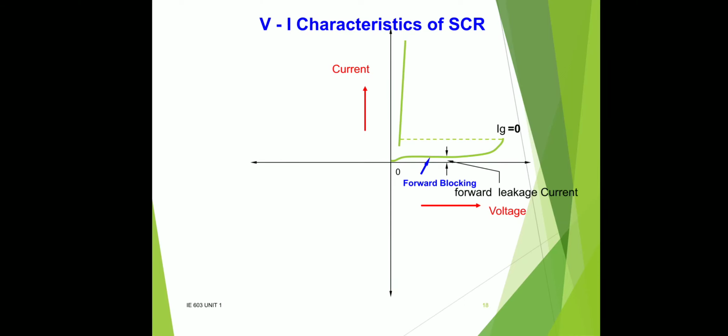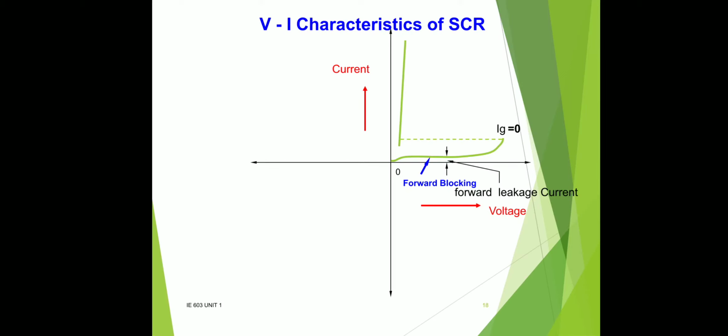In this state there is a small leakage current, called forward leakage current. When does it occur? When anode is positive with respect to the cathode and the gate is open, a small forward current flows. That means J1, J3 are in forward bias and J2 is in reverse bias.